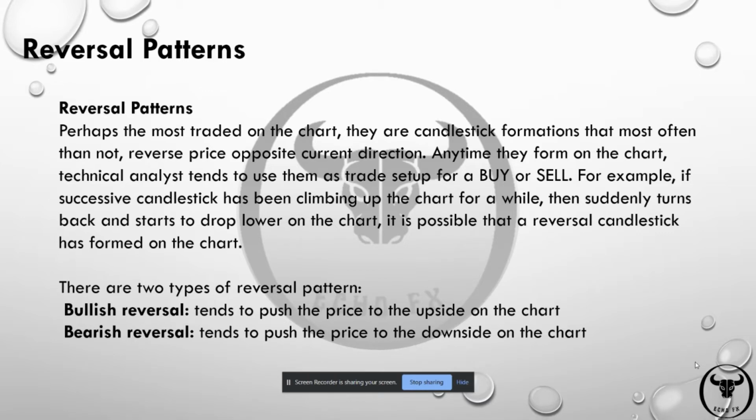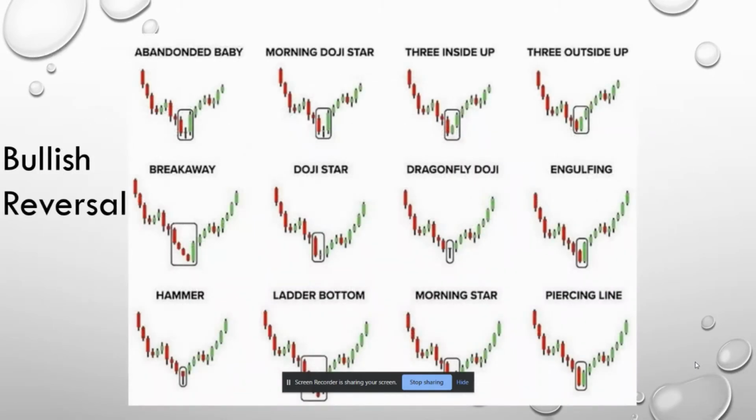All right, now let's look at this image over here to see some bullish reversal candles. Remember, once you see these, reversal patterns are more confirmed and stronger when seen at a resistance or support region. They also have some funny names.